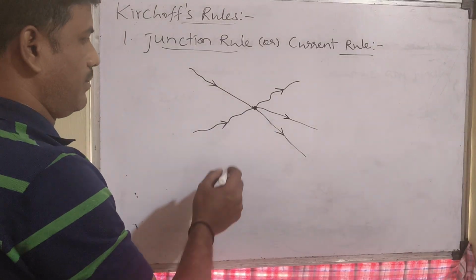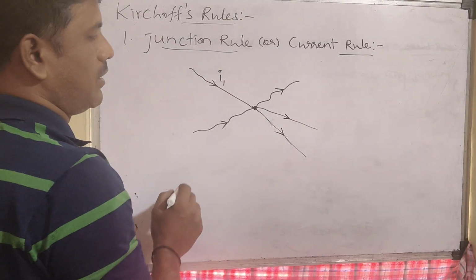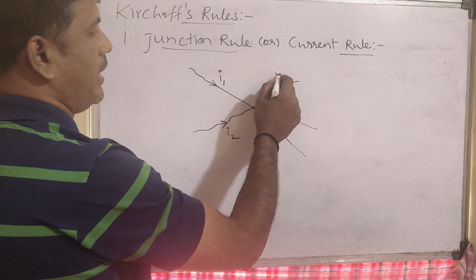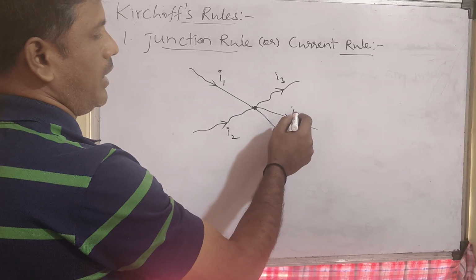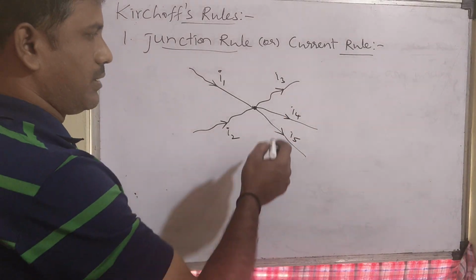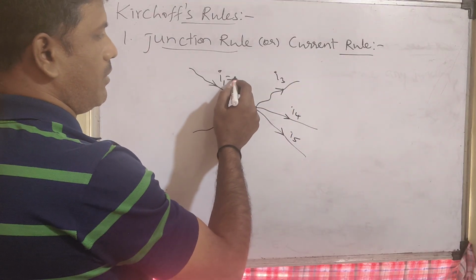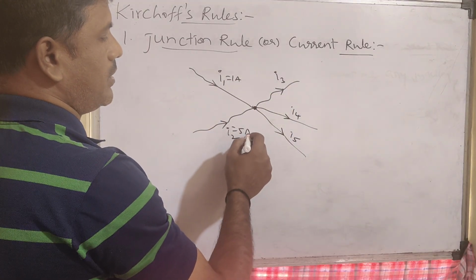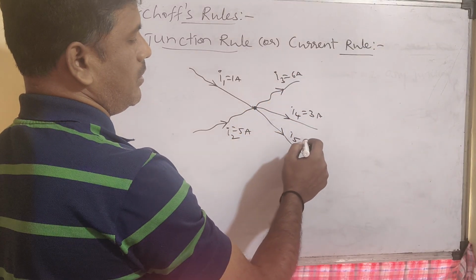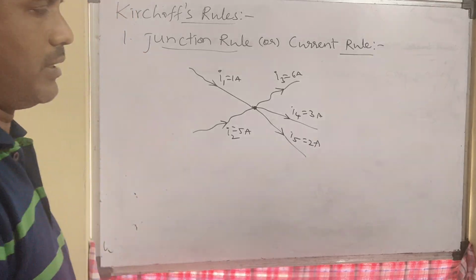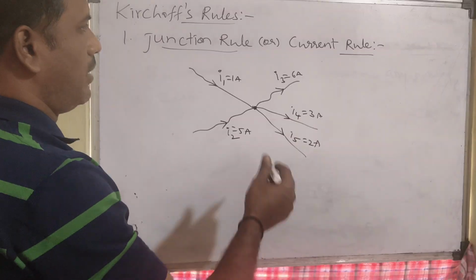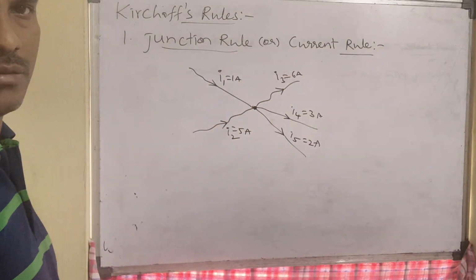Consider that current I1 passes through this wire, I2 through this wire, I3, I4 and I5 through the others. The current values could be 1 ampere, 5 amperes, 6 amperes, 3 amperes, 2 amperes; those are the magnitudes. The algebraic sum of current at any junction is 0.